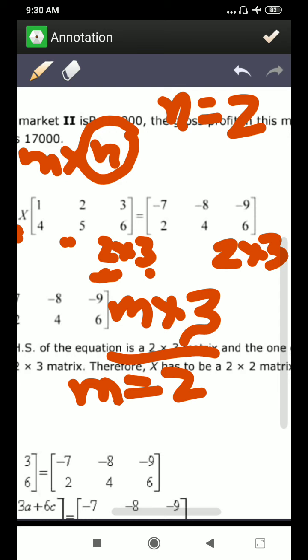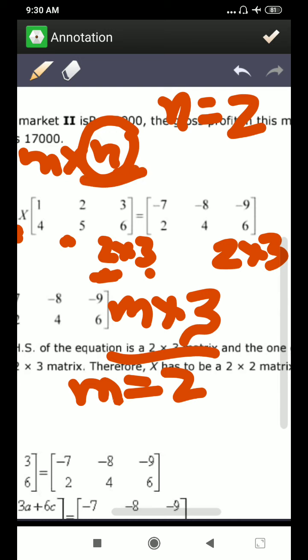Again, I am explaining it. We let the order of X as M into N. So first condition, N we can directly know because the product of X and this matrix is possible. So the number of columns in X must be equal to the number of rows in this. So the number of columns in X we have taken N, so that must be equal to 2.